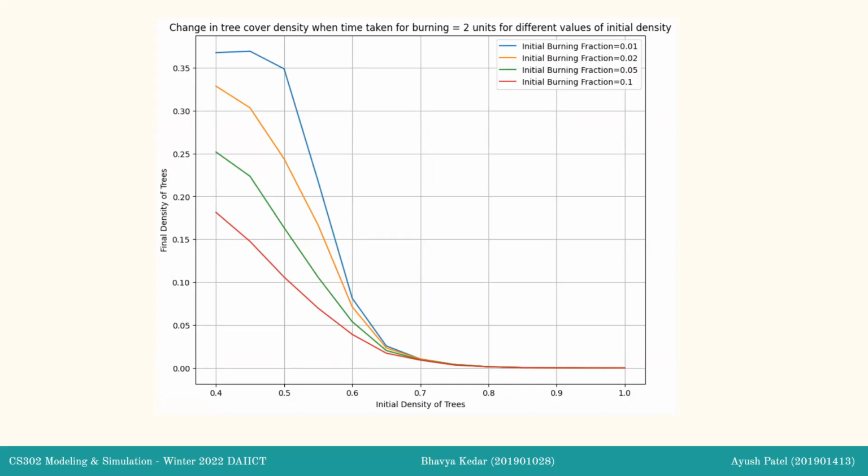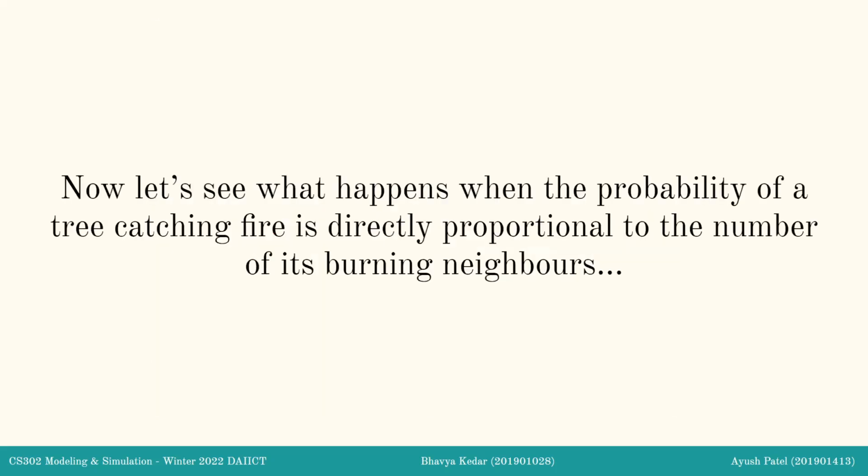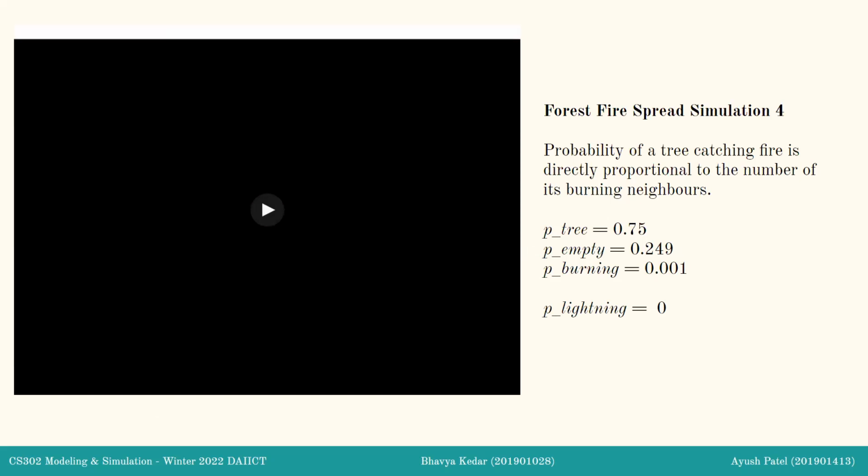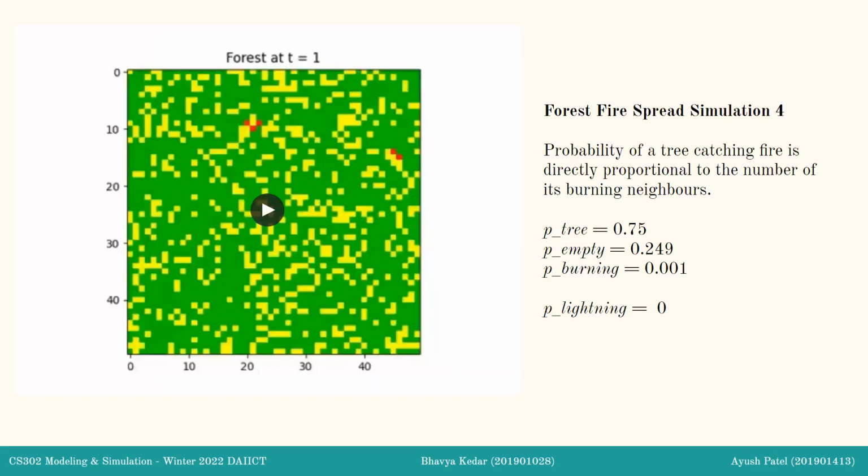And that is very intuitive because we have set the initial burning fraction to be high, which means that more trees are vulnerable to fire. And now we'll see what happens when the probability of a tree catching fire is directly proportional to the number of its burning neighbors. The parameters of this simulation are also the same, and we have not considered lightning in this case as well.